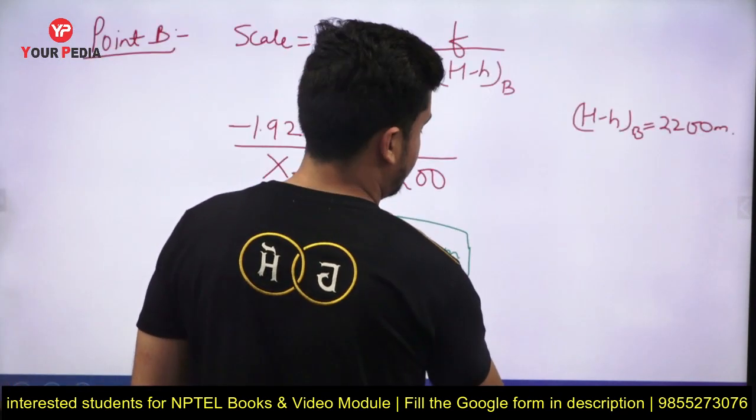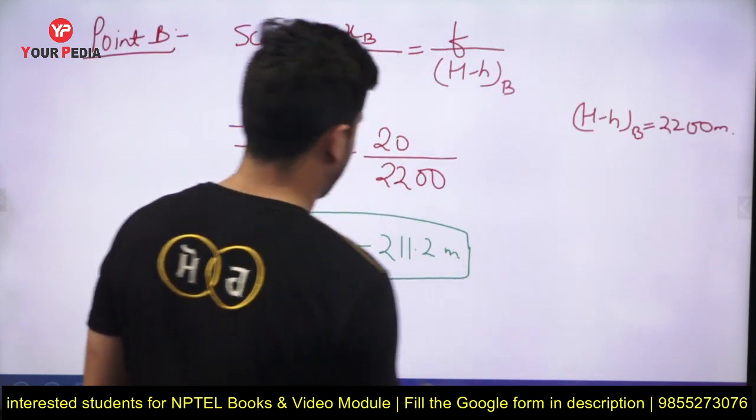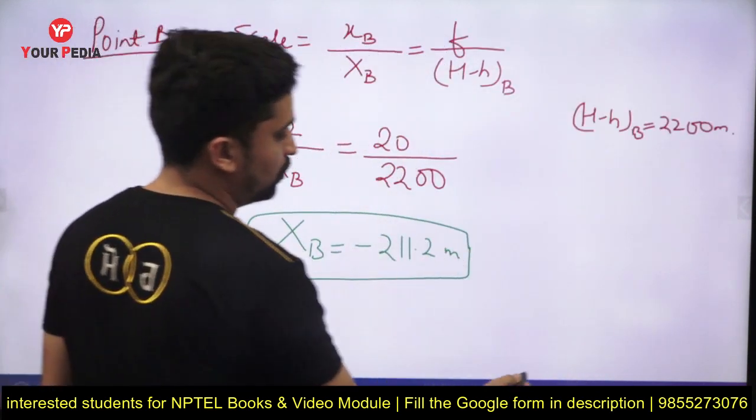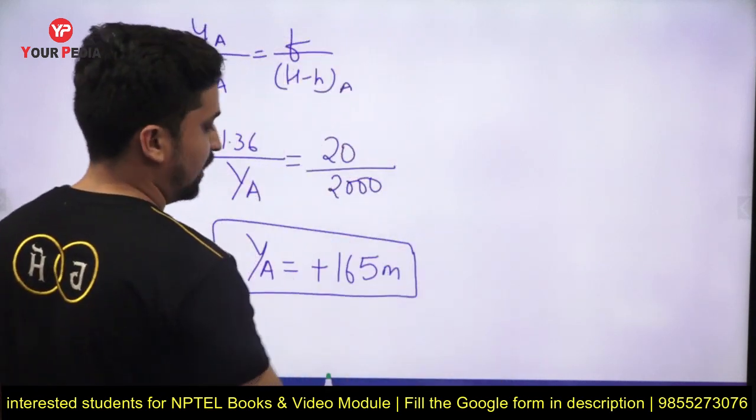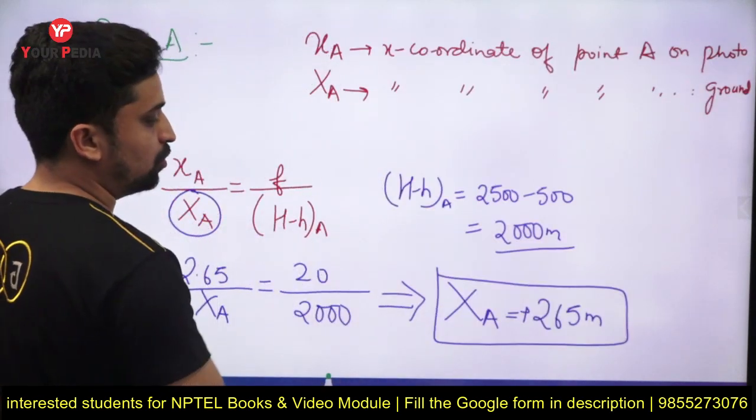So XB is equal to minus 211.2 and XA is equal to 265.